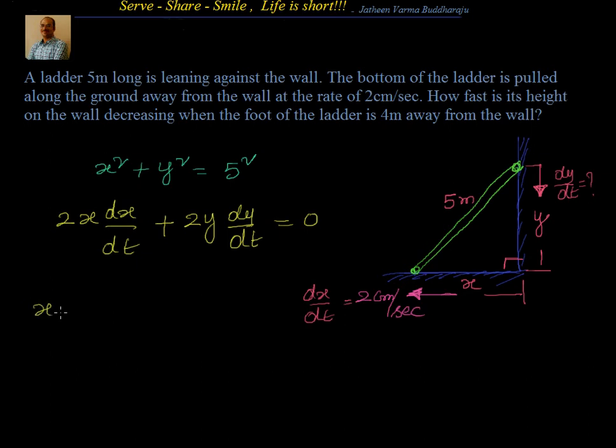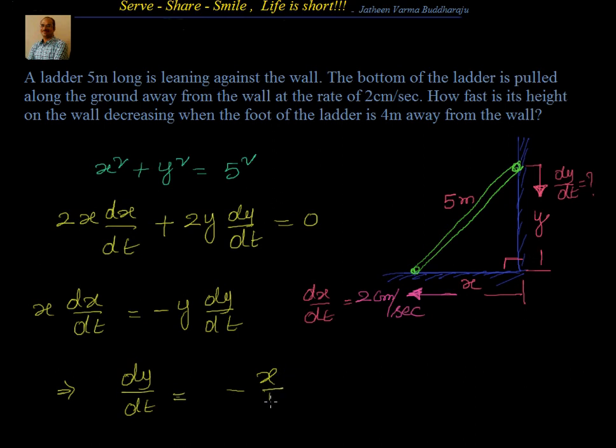Or can I say x dx by dt is equal to minus y dy by dt, or dy by dt is equal to minus of x by y into dx by dt.